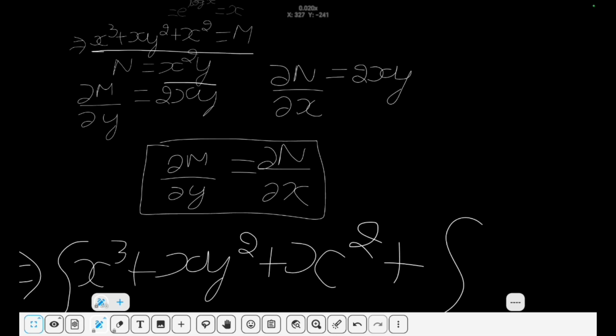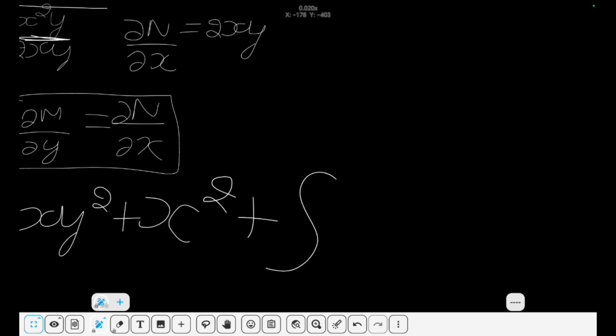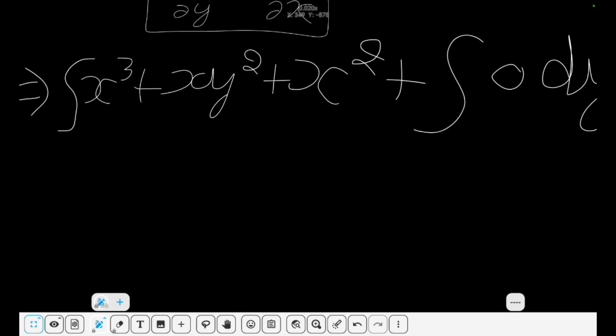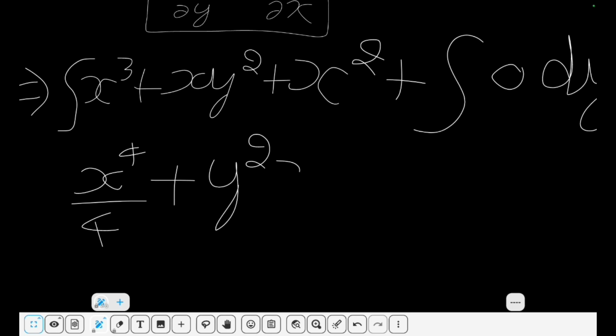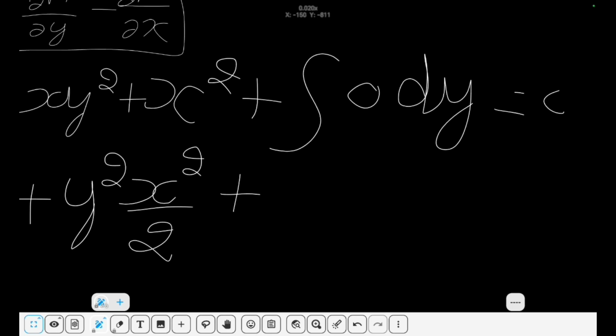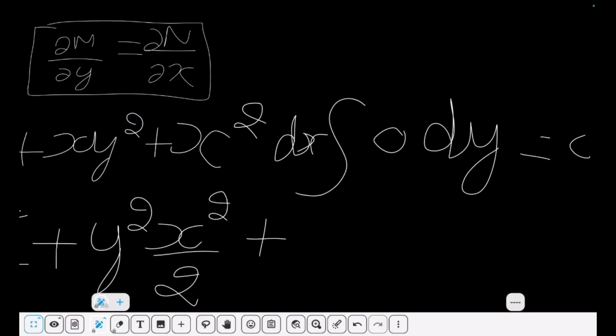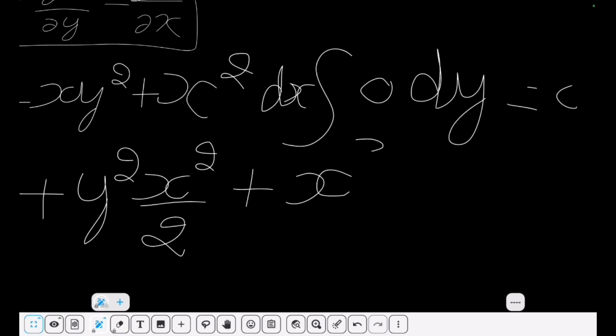So here we don't have any independent y component, so we integrate 0 dy, that equals c. So then again integration of x cube will be x to the power 4 by 4 plus y square is constant, x square by 2 plus x cube, sorry, no plus here, so this here will be dx, so here x cube by 3, that equals c.